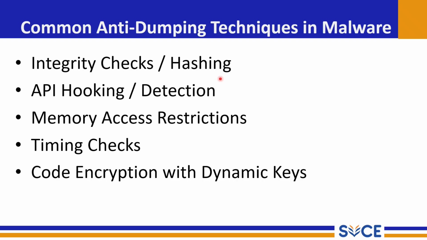If the hash differs due to tampering or dumping, it alters its behavior or crashes. Second, API hooking or detection. It detects common debugging or dumping tools via API calls like IsDebuggerPresent or CheckRemoteDebuggerPresent, and detects suspicious memory access or debugger artifacts.